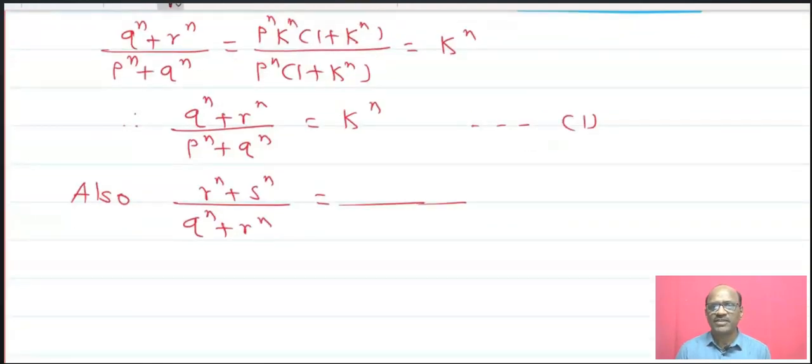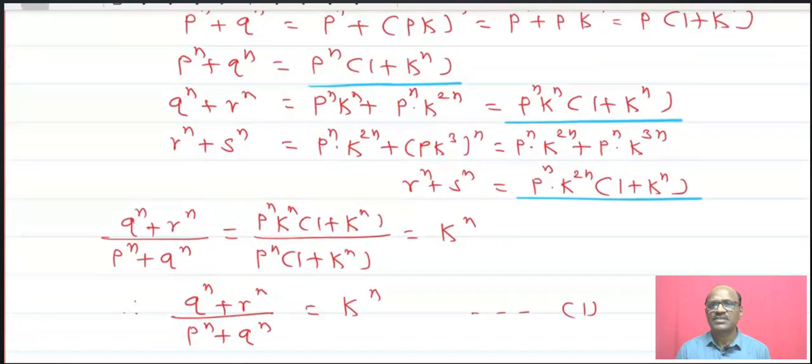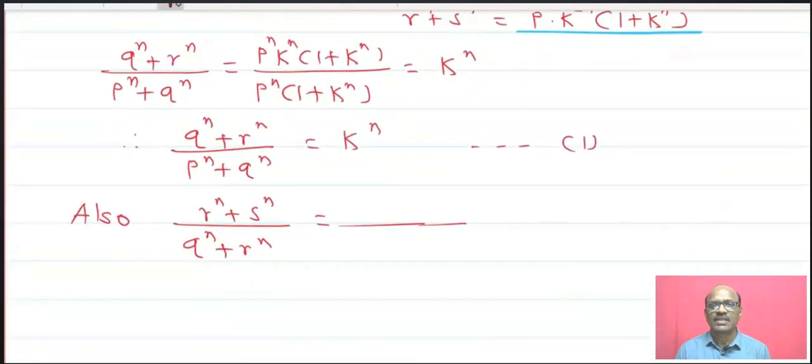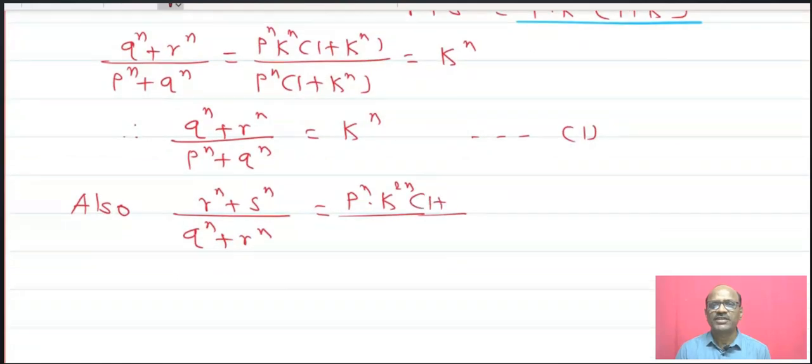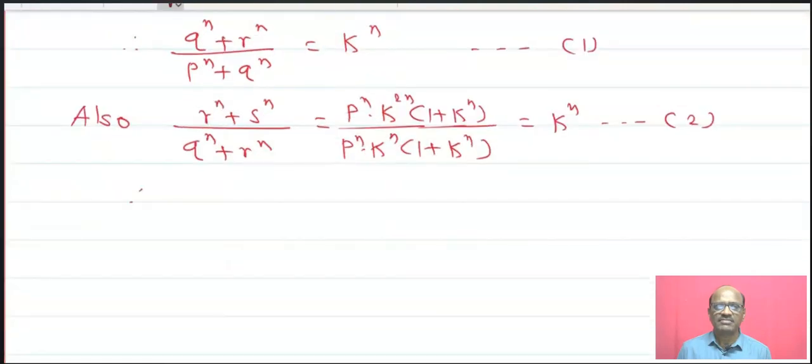Now here we will substitute the values. For r^n + s^n, the value is p^n k^(2n) (1 + k^n), and the next value is q^n + r^n, which gives k^n.